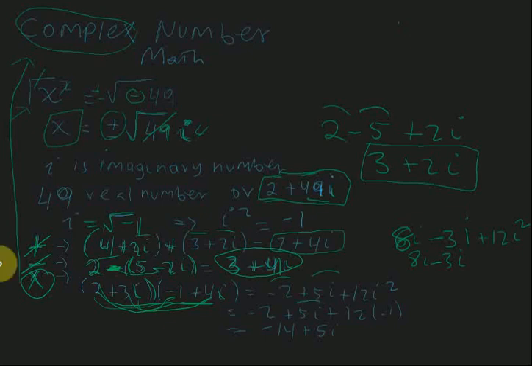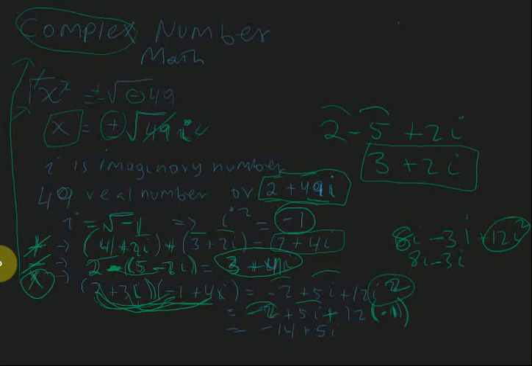It's right there, 5i. And 2 times negative 1 is minus 2, plus 12i square. i square equal to what? We say negative 1. So we have 12 times negative 1. So what we got now?